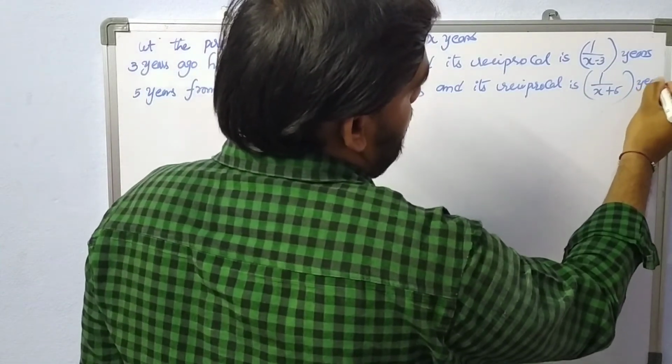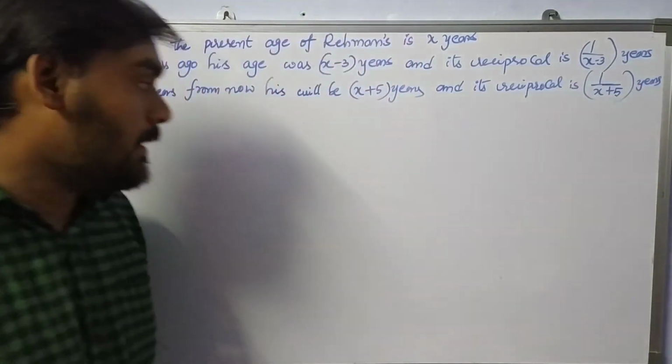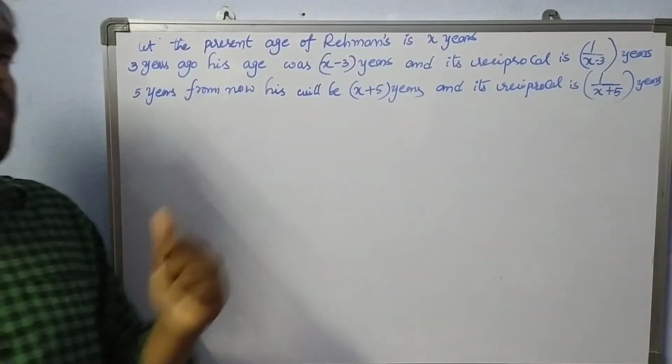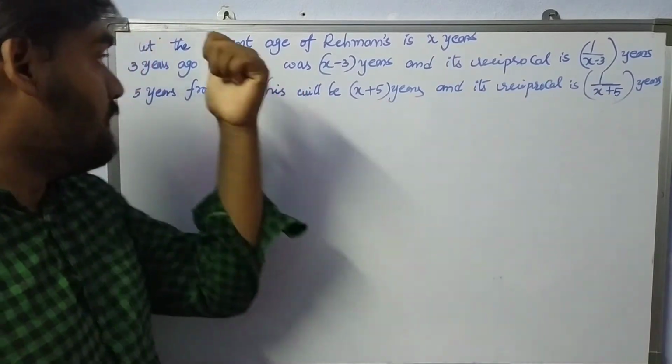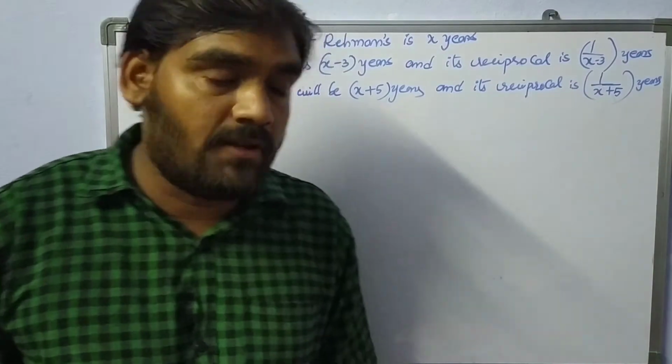See here, in this problem, 5 years from now his age will be x plus 5 years, where the present age of Rahman is x years, and its reciprocal is 1 by x plus 5.